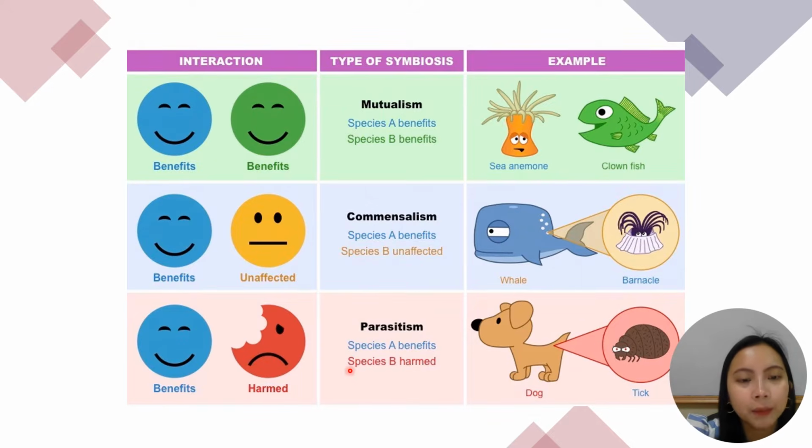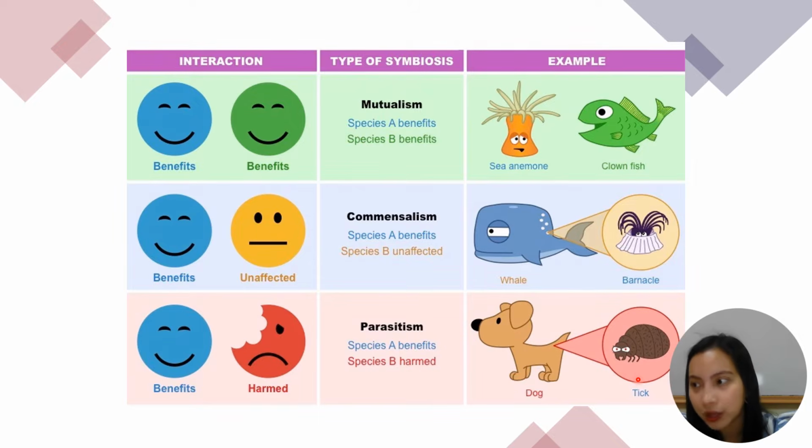And the last type of symbiotic relationship that we will be discussing is parasitism. As you can see here in the diagram, the interaction is very clear: parasitism is a symbiotic relationship where one organism, of course that's the parasite, lives in or inside the body of the host, the other organism, and it depends on the host for its survival.